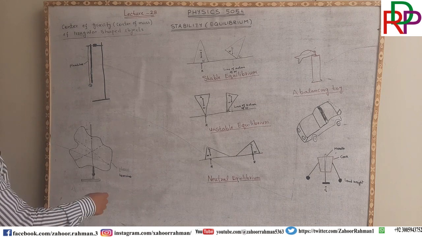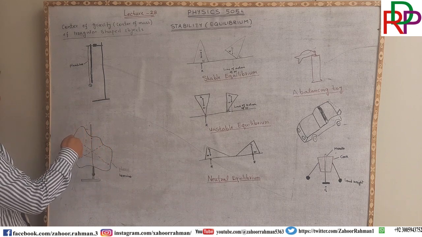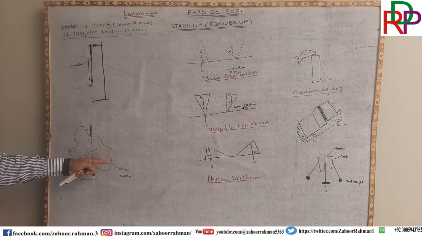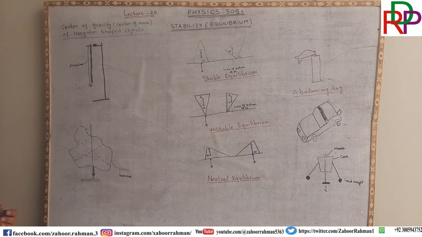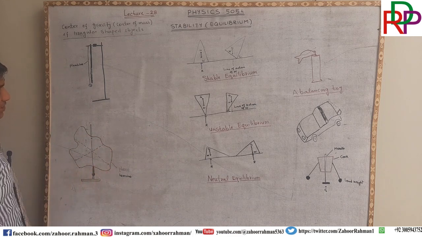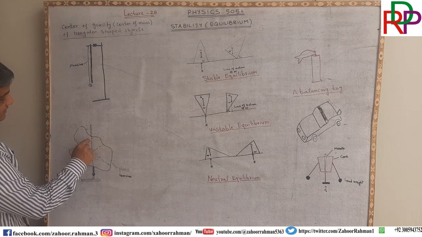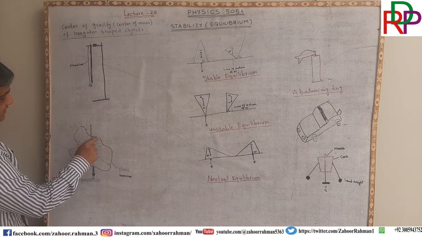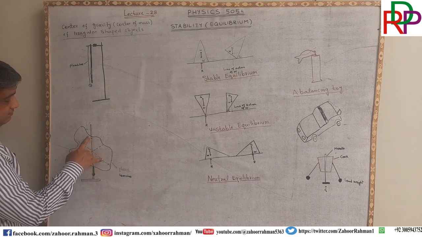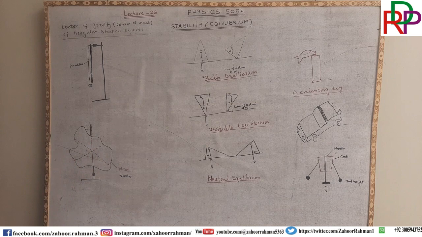Ladies and gentlemen, this is known as a plane lamina sheet, which is of irregular shape. It is not a regular shape, as you can see. Now first you have to make 3 holes near the edge of the lamina, and they must be apart from each other.